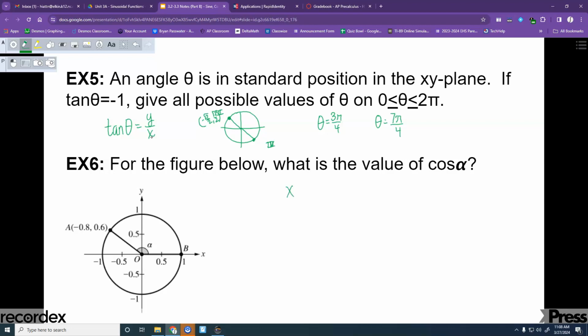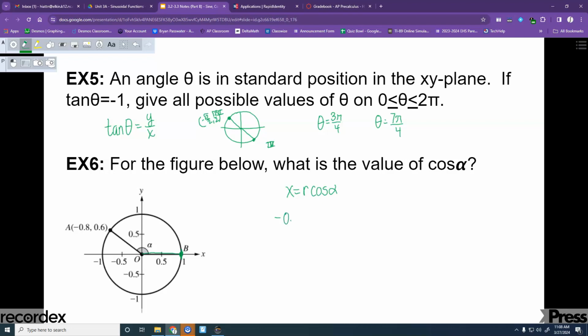All right, this one asks us for cosine A on number 6. Cosine is x equals r cosine. We're going to use an alpha since that's our angle here. What is our radius on the circle? It is 1. I find that just by looking at how far this goes over here. That's 1, right? And what is my x coordinate?